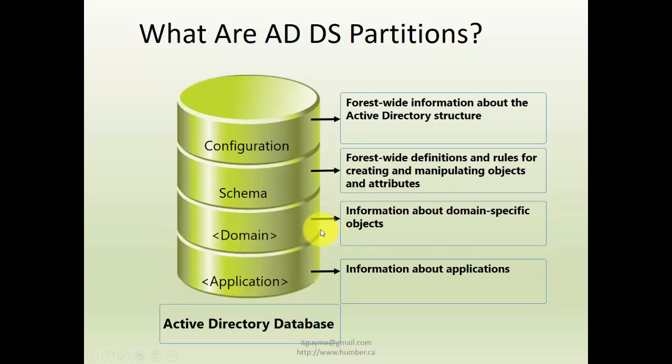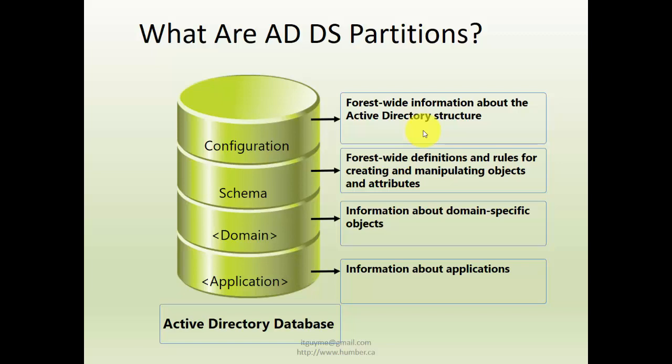Domain partition just contains all the day-to-day Active Directory users, computers, whatever's going on there on a daily basis. Configuration is all about Active Directory structure. Anyone knows what is Active Directory structure? If in an interview somebody asks, what's the Active Directory structure or infrastructure, or how do you divide it, what are the components? You would be going for how many child domains there are, how many tree domains there are, whether you have a forest trust.